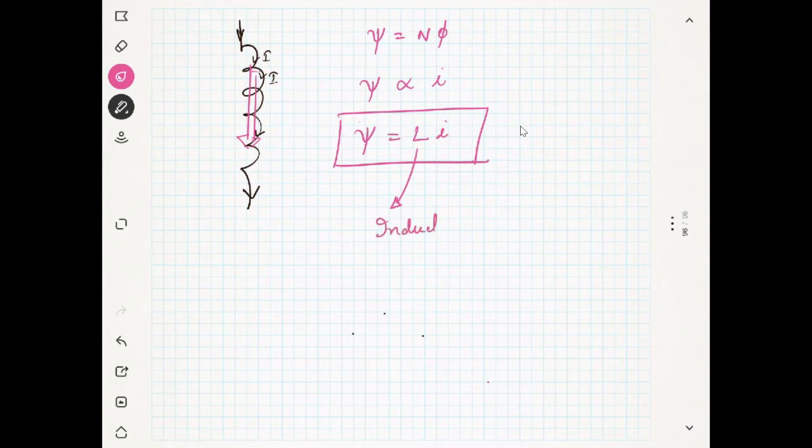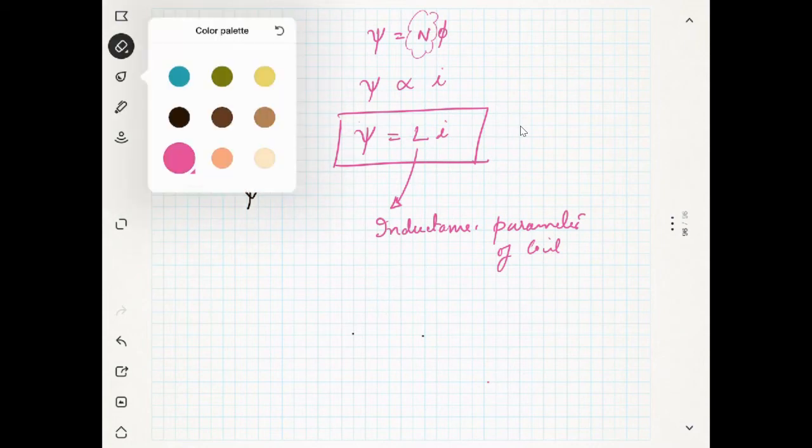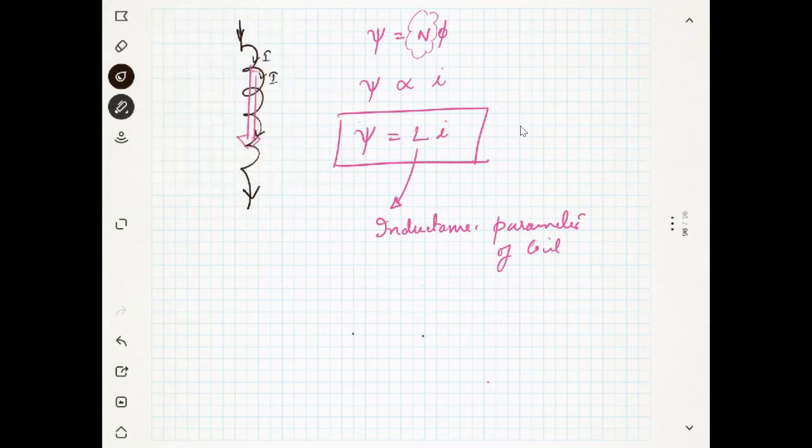This is a property of that coil, and it will definitely depend upon the number of turns. So this is the inductance parameter of the coil, and the unit of this is Henry. Or we simply write H.